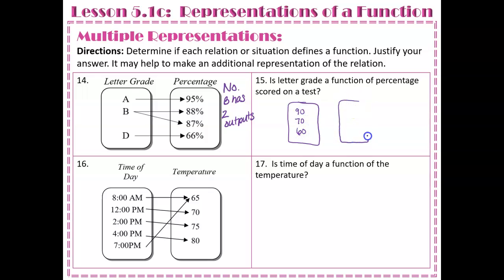And here's the letter grades. A, B, C, D. So if you have a 90, you can only match with an A. You can't get a 90 and get both an A and a B. So this is a function. Each input has one output.